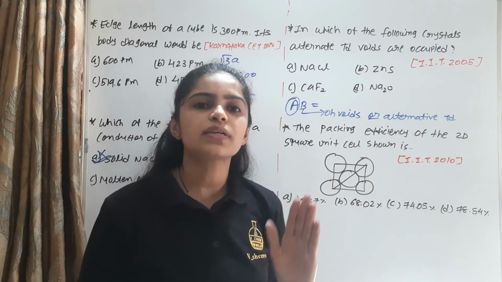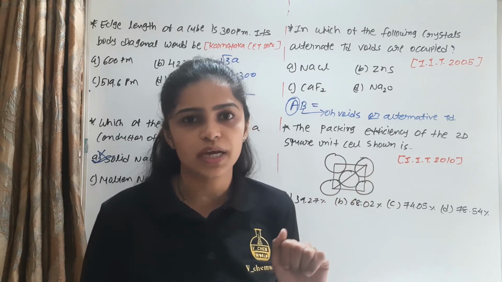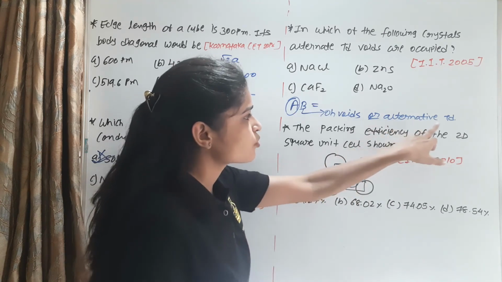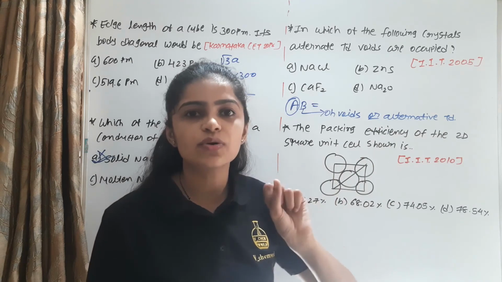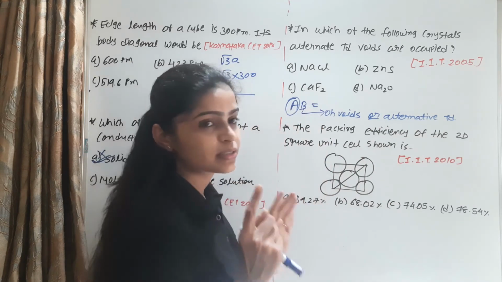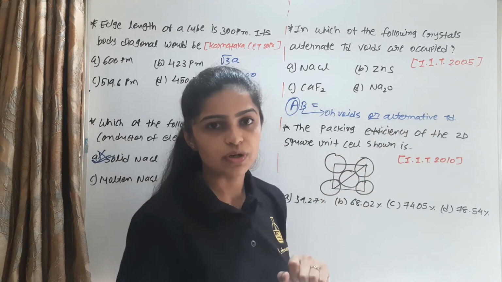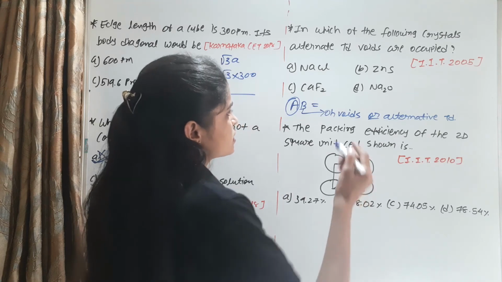But we know the number of atoms per unit cell equals the number of octahedral voids, and tetrahedral voids are twice the octahedral voids. Since in this formula A and B are the same number, we consider alternate tetrahedral voids. So its answer is Z.